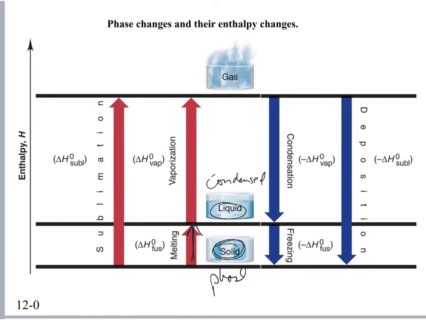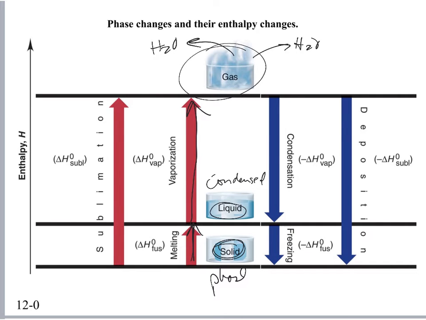On the other hand, if you go from the liquid phase to the gas phase, you have to completely separate every water molecule from every other water molecule. And that's going to cost a lot of energy because they're not touching anymore. And so notice that the length of the vaporization arrow is much longer than the melting arrow.